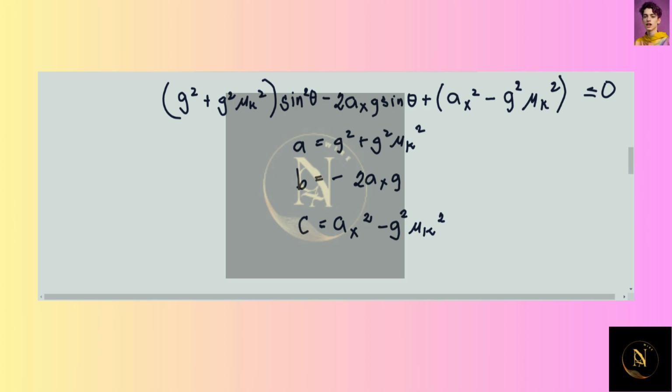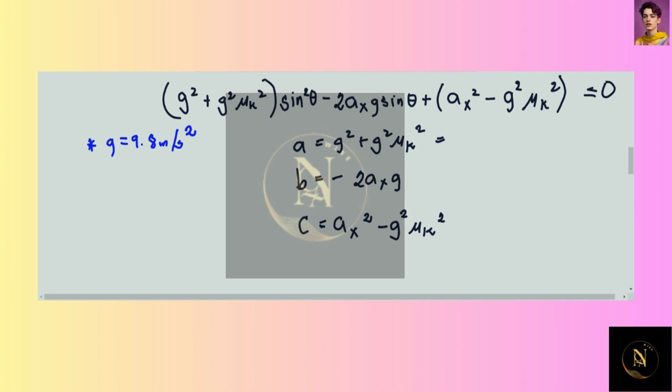So to make it easier, let's solve this equation first from the given values, where note that g, or the acceleration due to gravity, is 9.8 meters per second squared.